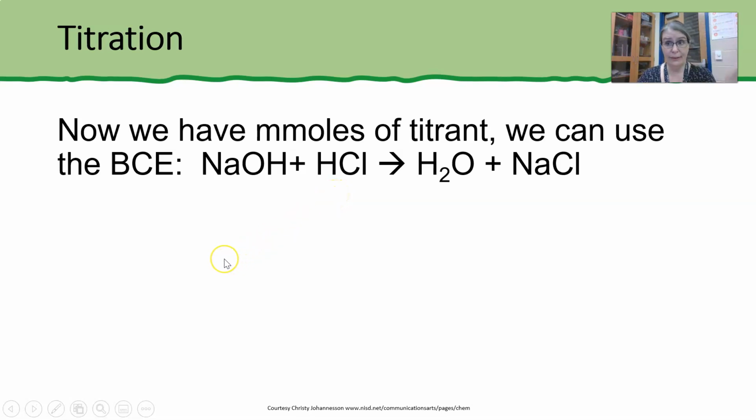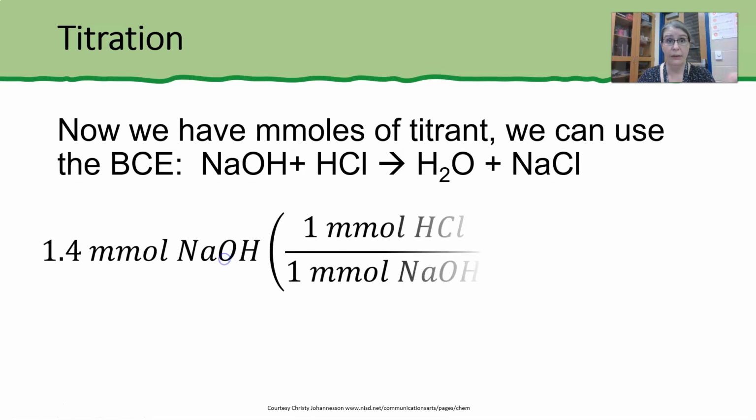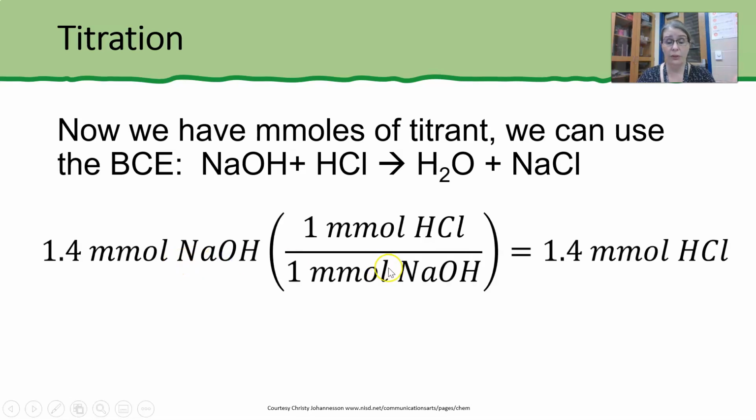So luckily, this is a balanced chemical equation, and that means that the math is going to be very simple here. 1 millimole of NaOH, you see 1 millimole of NaOH on the bottom, so it'll cancel. 1 millimole of HCl up top. Since this is a 1-to-1 reaction, if I needed 1.4 millimoles to react, it means I had to start with 1.4 millimoles of acid.